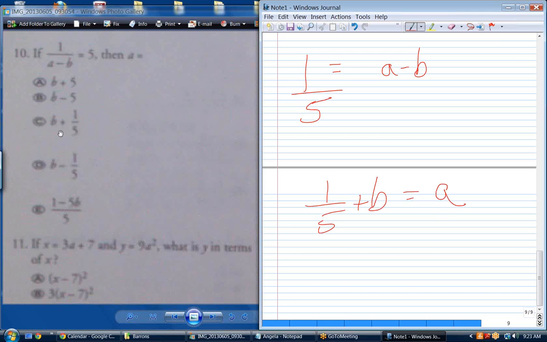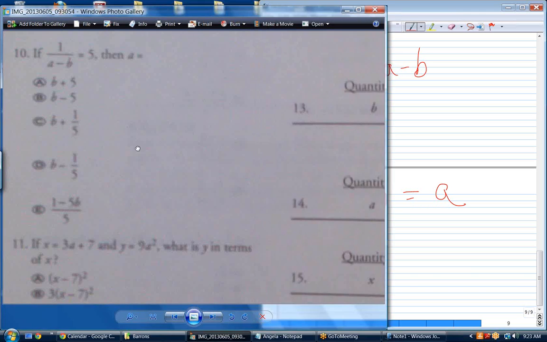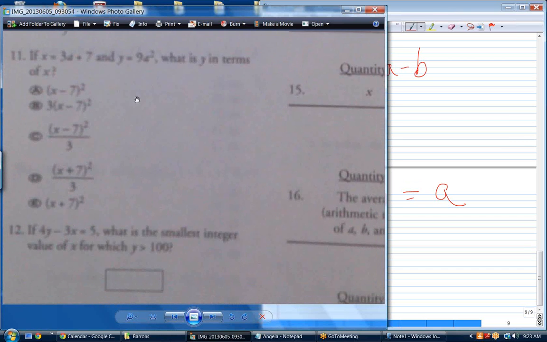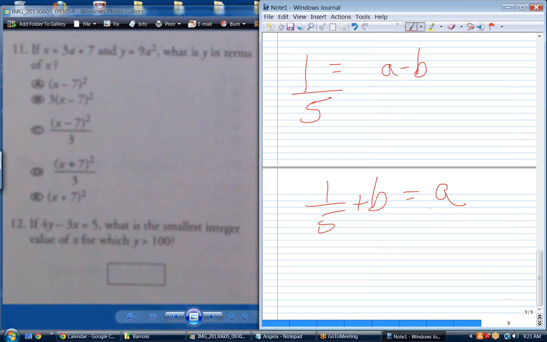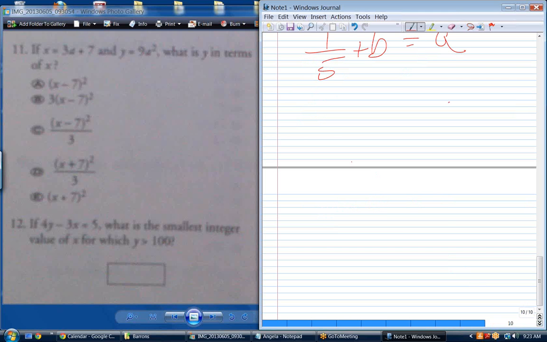It's this answer right there, C. Okay. Good. You're pretty strong on your algebra. If we had to skip any section, we probably could have skipped this section. But let's go through it a little fast.